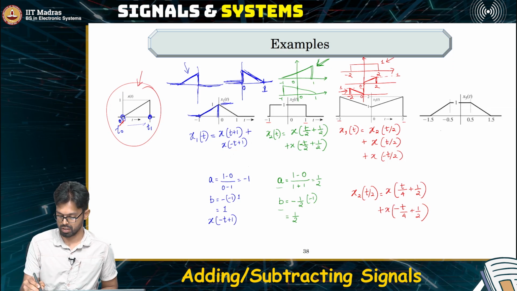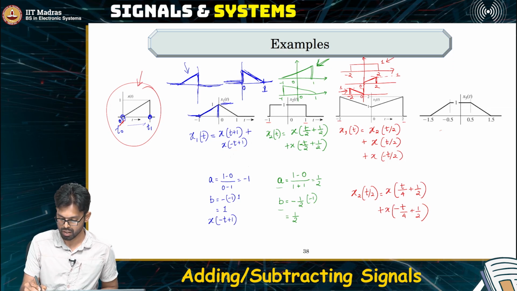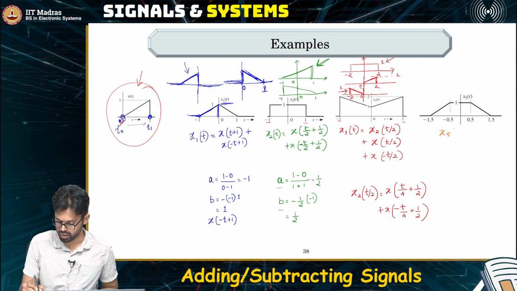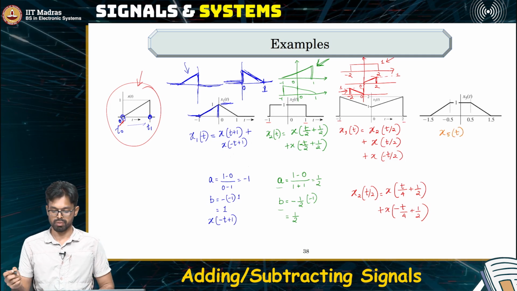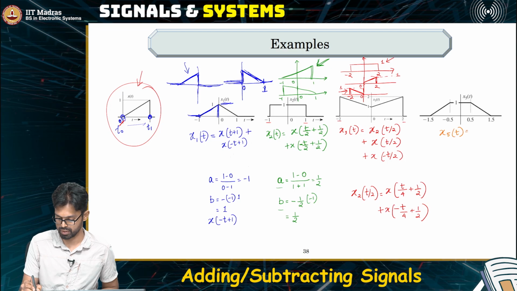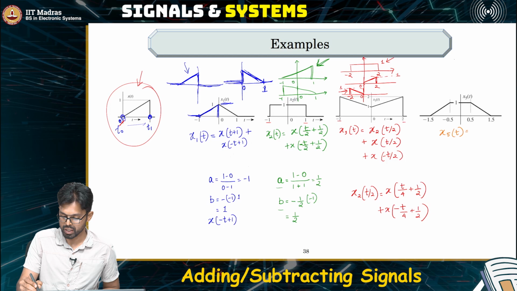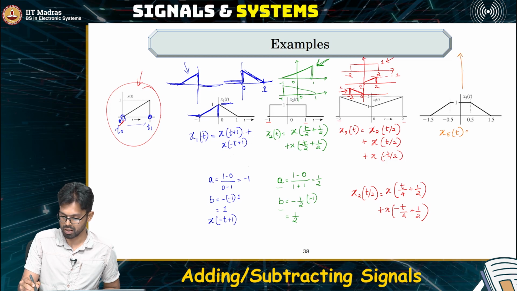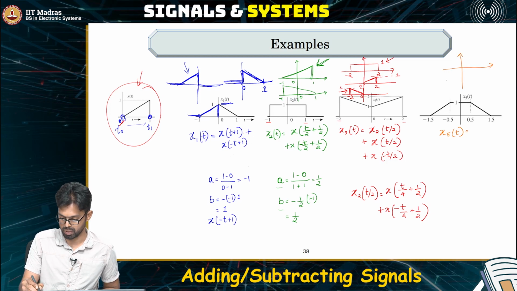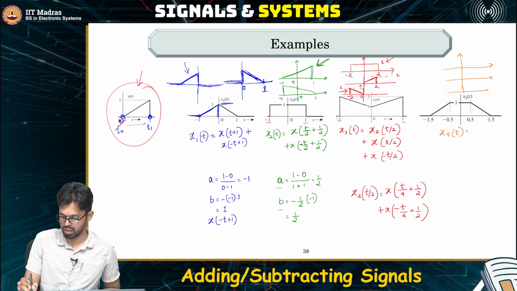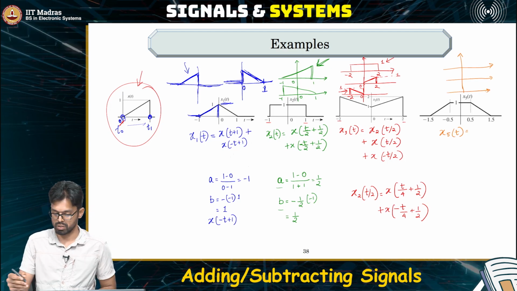Okay, now let's take the final signal, x phi of t here. X4 is missing for some other reason. Okay, once again what we'll do is decompose this into 3 different components. I'm sure by now you would have guessed what the 3 components are.